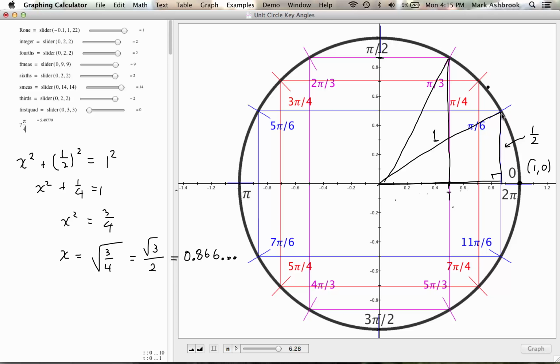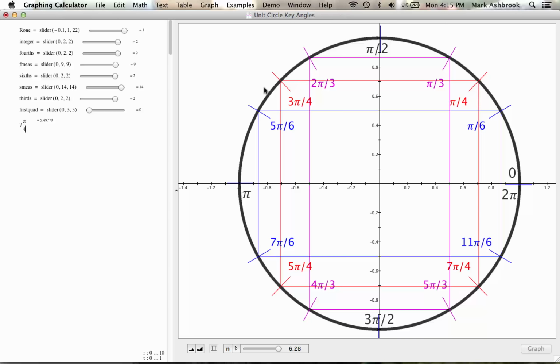Okay, so that gives us the sine and cosine of these three key angles in the first quadrant. So let's show those. We said that pi over 6 had a cosine of radical 3 over 2, or about 0.866, and a sine of exactly 1/2. Pi over 4, both the sine and the cosine are radical 2 over 2, which we showed earlier in class, or about 0.7 of a radius length.